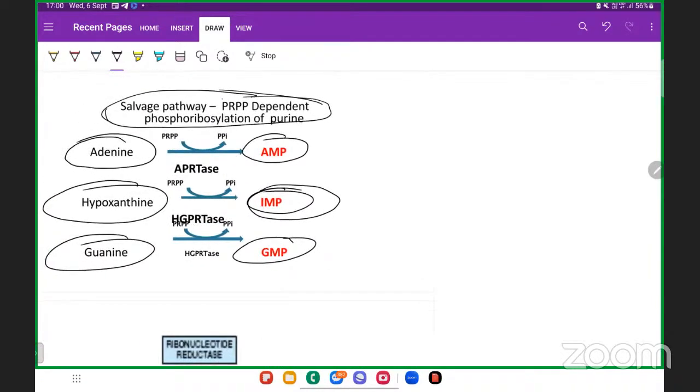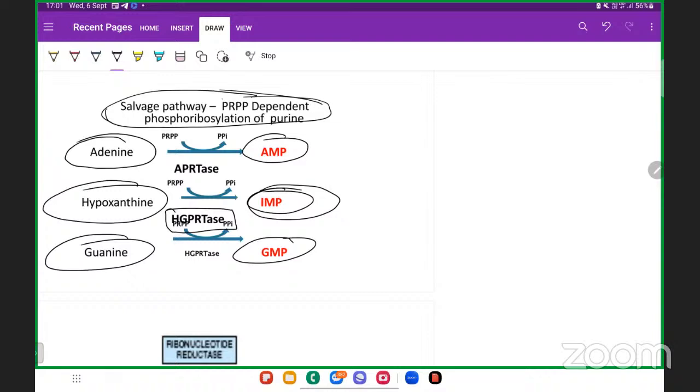So guanine gets converted into GMP in the presence of HGPRTase. What is this HGPRTase? Hypoxanthine guanine phosphoribosyl transferase. When this enzyme is not working, you already know that the brain relies on the salvage pathway.